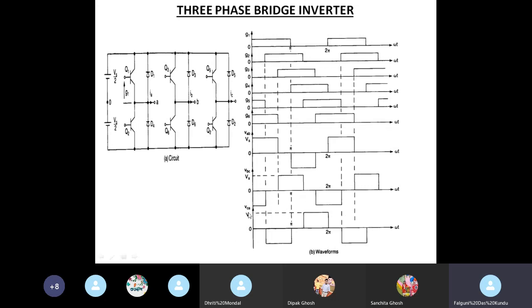Then VAC, which is nothing but G5 and G6. So this is G5. Sorry, this is not G6, this is G1. Again G1 is starting from 0, and after that 2 pi.